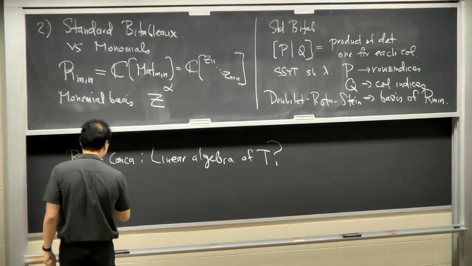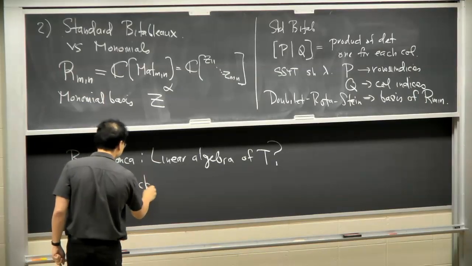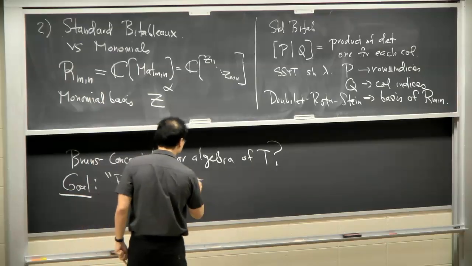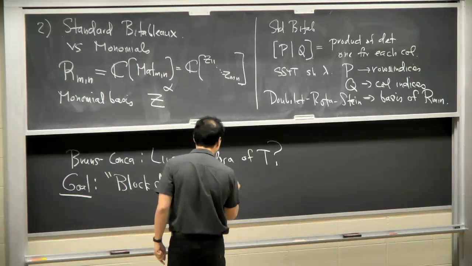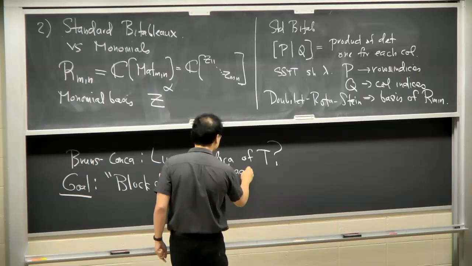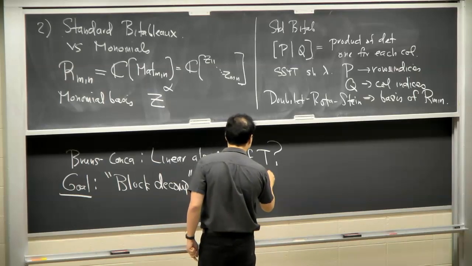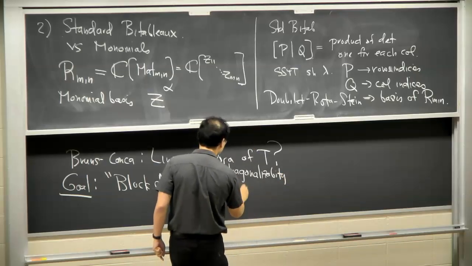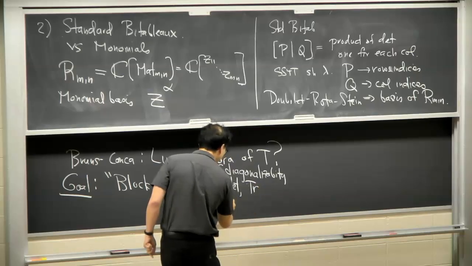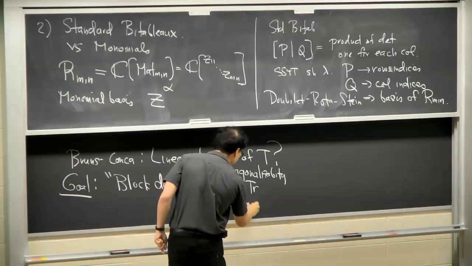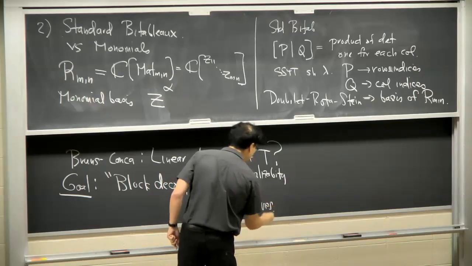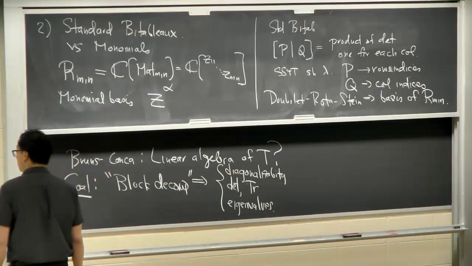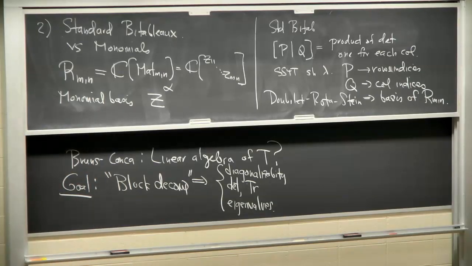And we'll do it in terms of what I'll call a block decomposition theorem. And this will lead to some results and statements about diagonalizability of T, the determinant, the trace, and something about the eigenvalues. And implicitly something about the eigenvectors. Any questions so far? Yes.